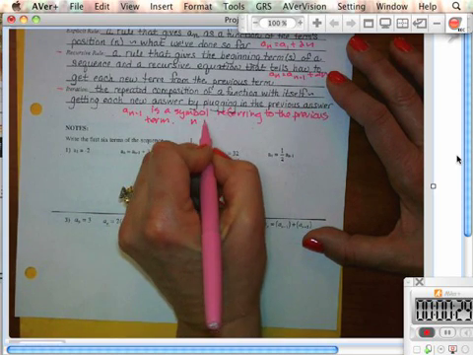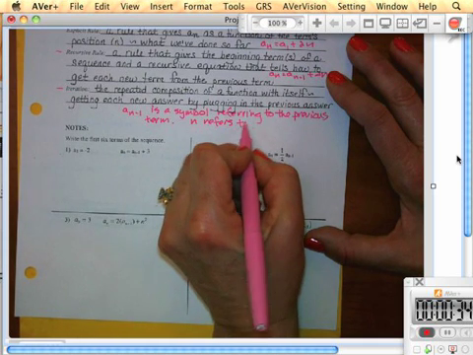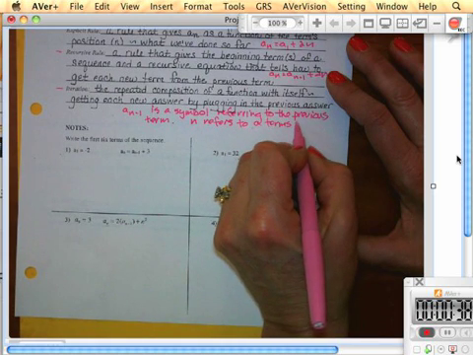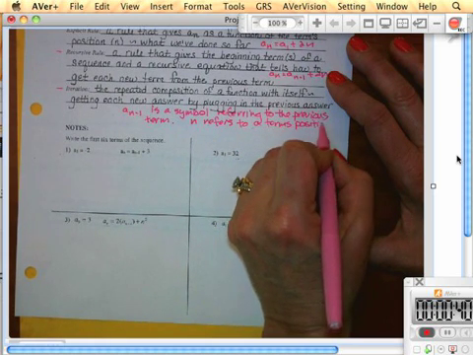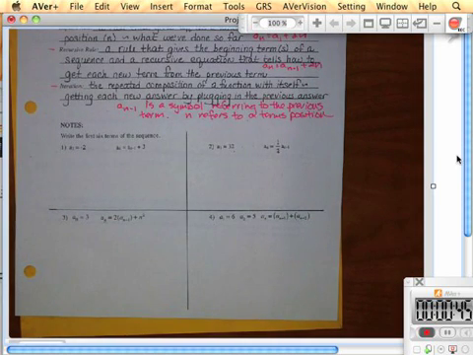N refers to a term's position. Just as a reminder.